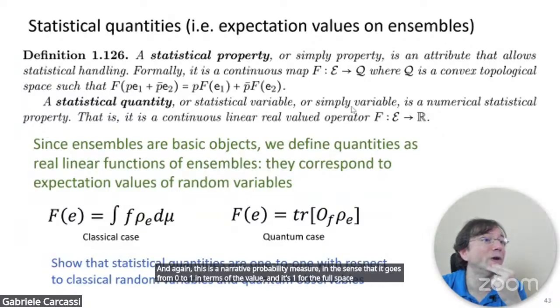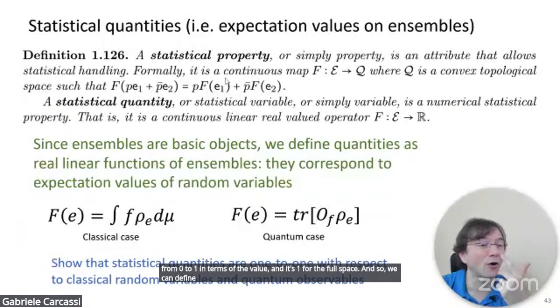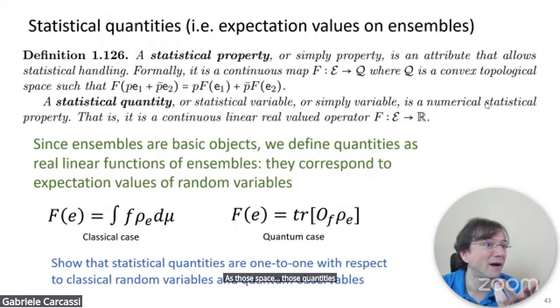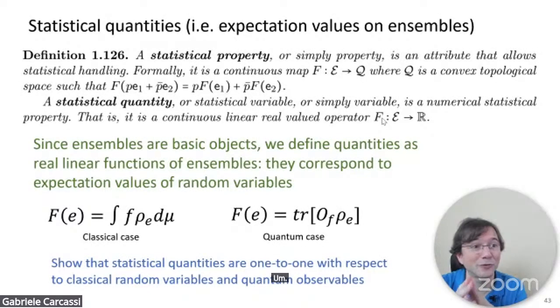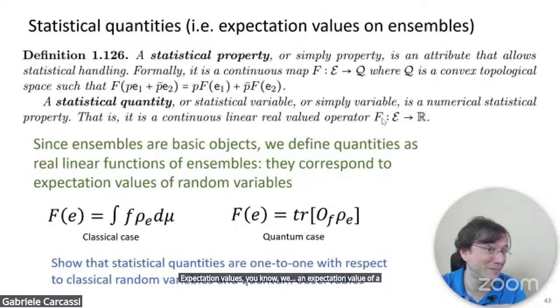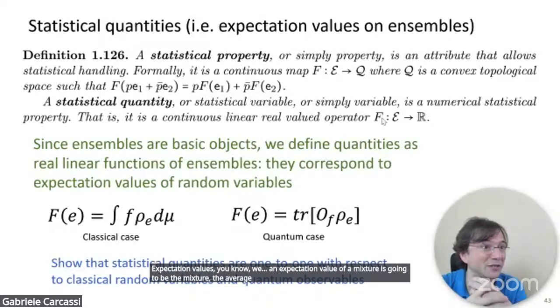And so we can define on the space of ensembles statistical quantities as those quantities that are linear with respect to convex combinations, and therefore they essentially are expectation values. An expectation value of a mixture is going to be the mixture, the average, of the expectation values.